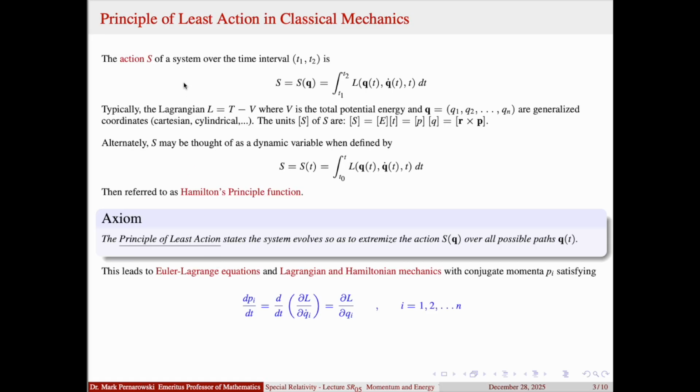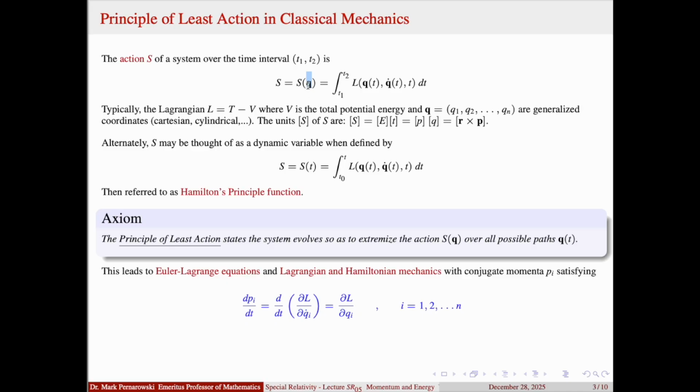What is action? Action S, it's a functional. It takes Q here, which is a vector. Q is a trajectory. Imagine Q can be any trajectory in an n-dimensional space for a system of particles, whatever.